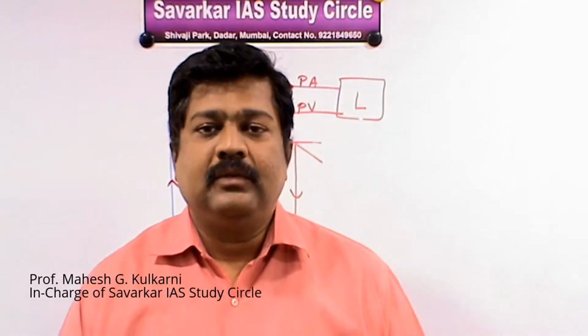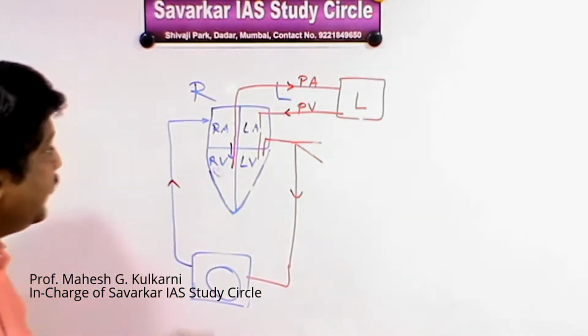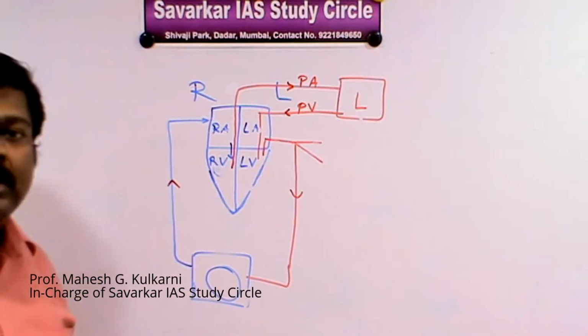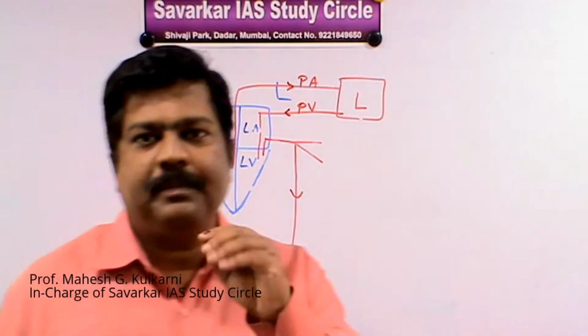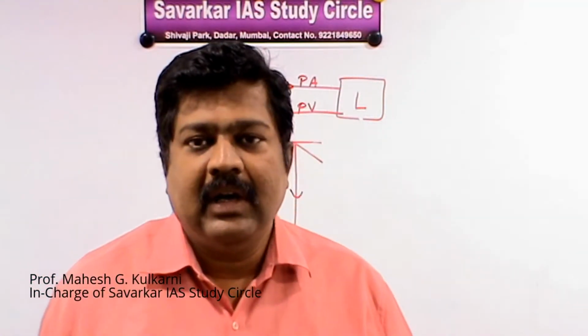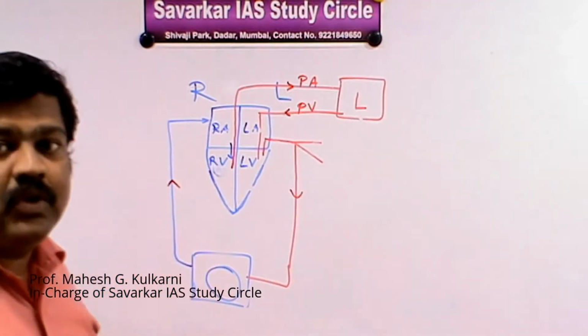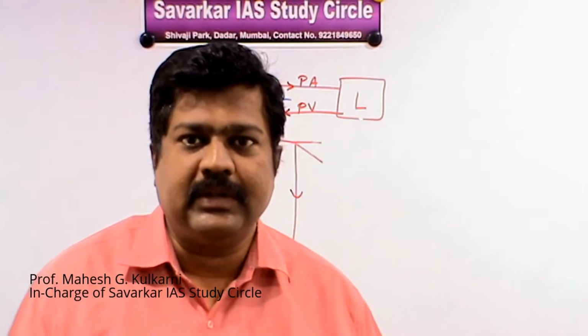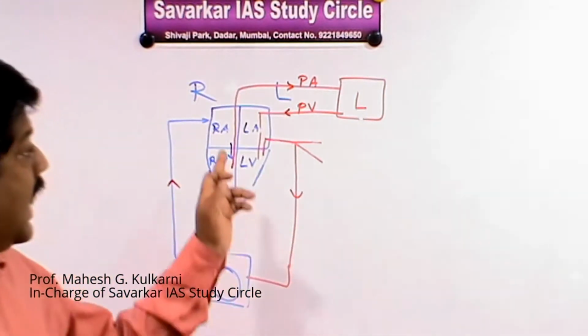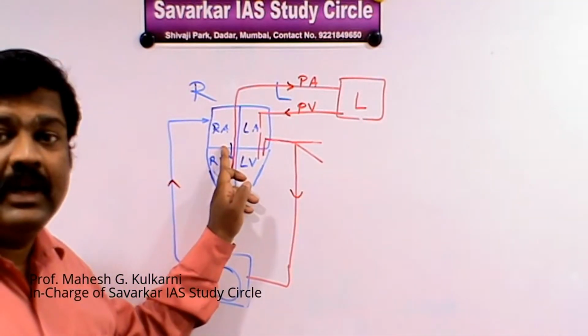So like that, from various parts of the body, the blood comes to the heart. Now this blood is collected in a bag-like or sac-like part behind the right auricle, called the sinus venosus. From that, blood enters the heart.